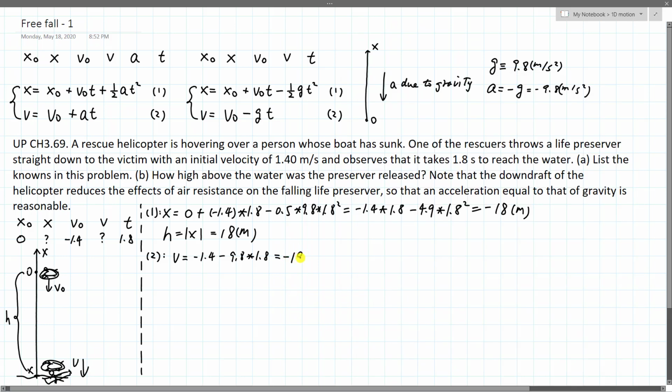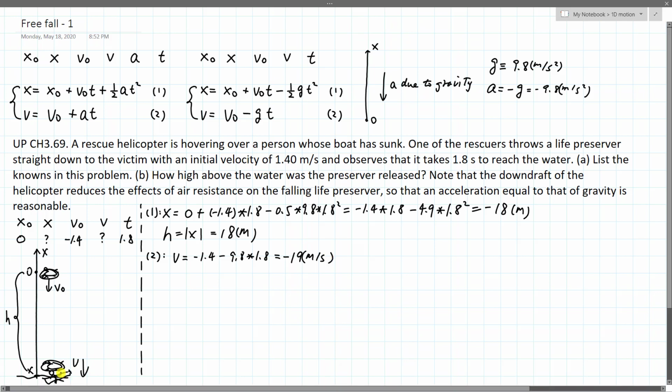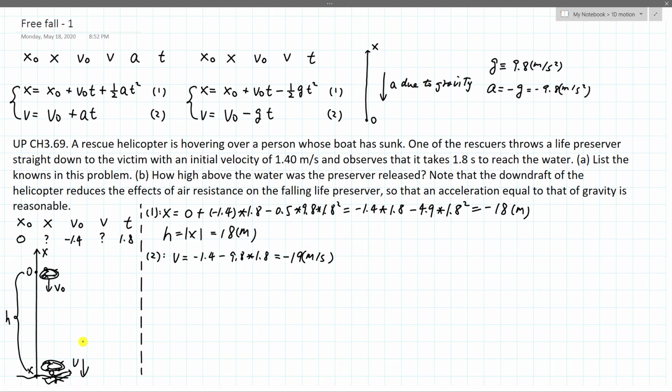Minus 19 meters per second. And this is actually going to be hurtful if it hits the victim. So hopefully the victim is not very near the life preserver, but close enough so they can just swim up to the life preserver. But given a plank, I just gave that to the victim, maybe it's best just to hoist this person up.